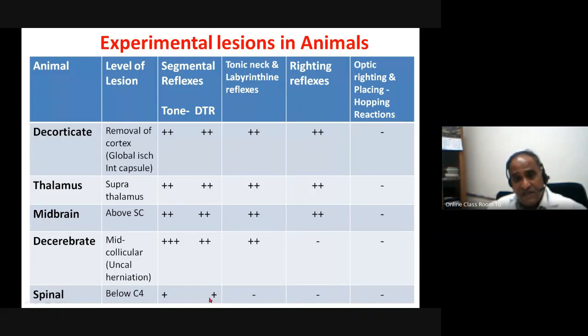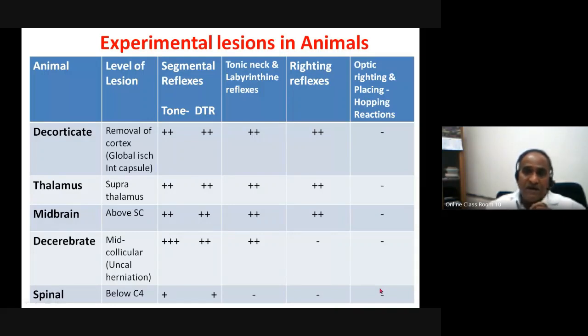The deep tendon reflexes become slightly brisk or exaggerated. I did not place 2+ there, but they will be brisk, or a little more than normal. And the remaining things, tonic labyrinthine and neck reflexes, righting reflexes, the optic righting reflex, placing and hopping reactions, emotional reaction, everything is absent in this spinal animal.